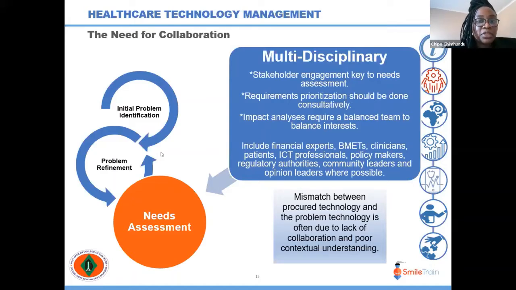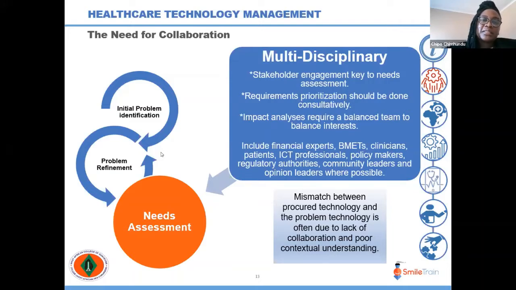So it's very important for us to have a clear representation of all the major stakeholders, and these are people who have potential to change direction for where you're trying to go with your intervention. So in terms of collaboration, our stakeholders need to be engaged throughout, right from your initial problem identification, all the way through all the stages of iterative problem refinement, which are typical in nature for our needs assessment.